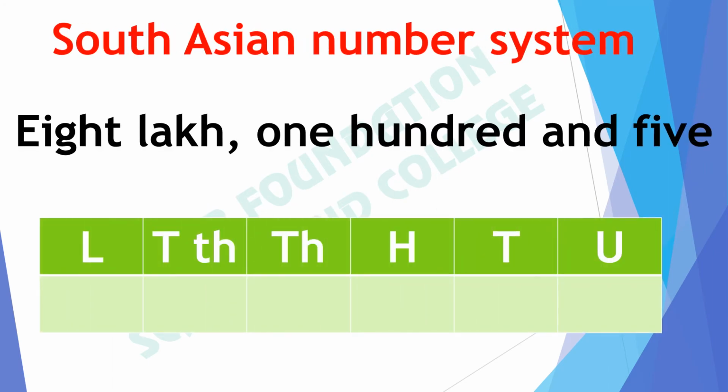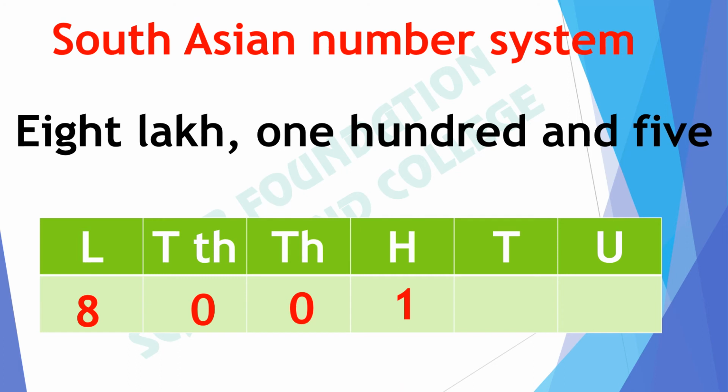We will place the 8,105 in this chart. How many lakhs are there? There are 8 lakhs. Is there any 10,000 or 1,000? No. There are no 10,000s and thousands. It means there are 0 10,000s and 0 thousands.